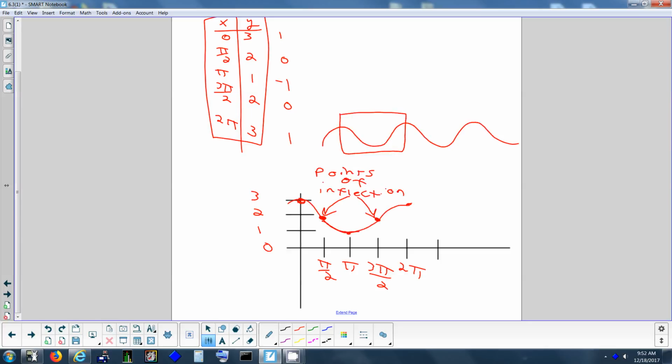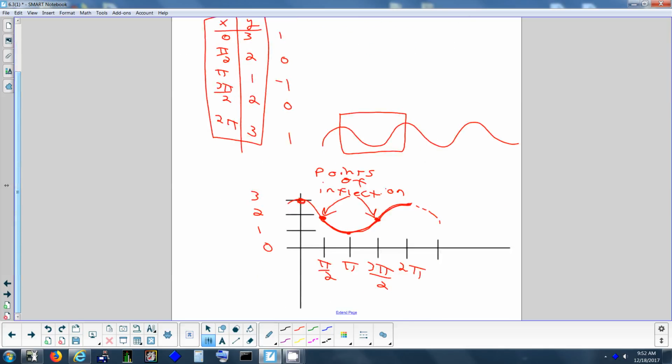Between these 2 points, the graph is concave up. Concave up, you can think it would hold water, like a dish. When you get into this section, and continuing on, which I didn't draw, the dotted line, that section is concave down. So the curvature switches right at that point from concave down to concave up. And if you drew that as a straight V, you wouldn't have any curvature at all. So don't do that. Okay, any question on that?